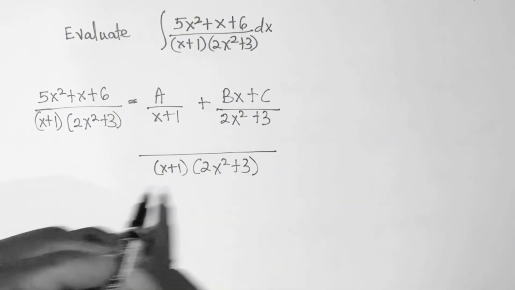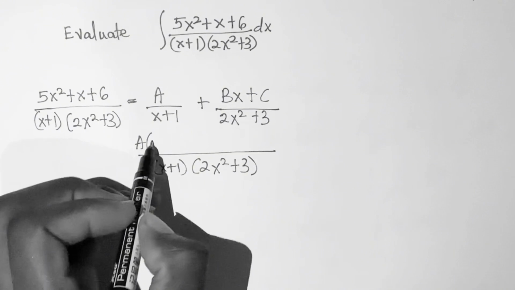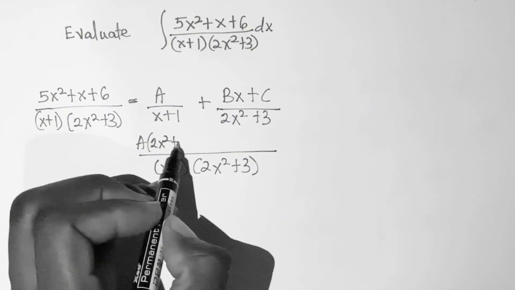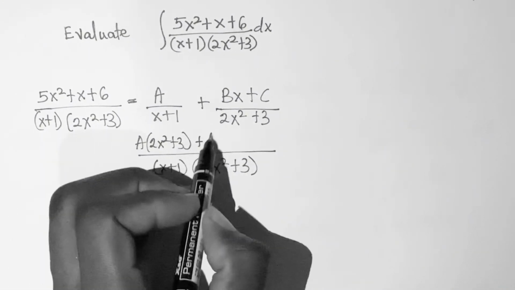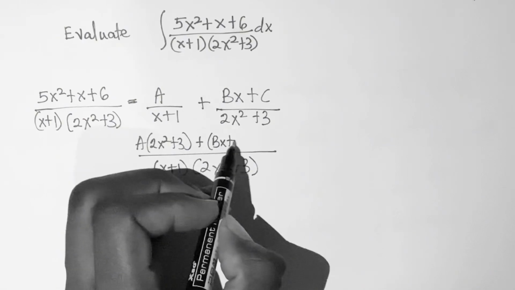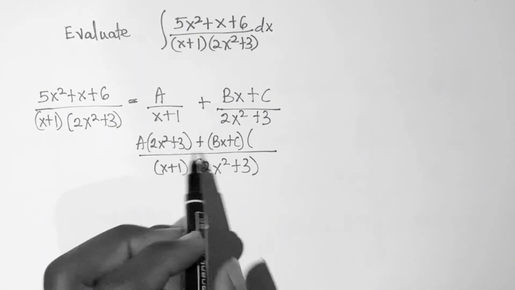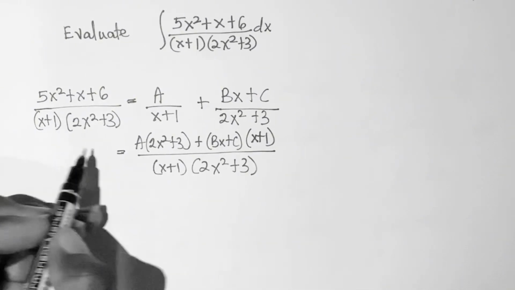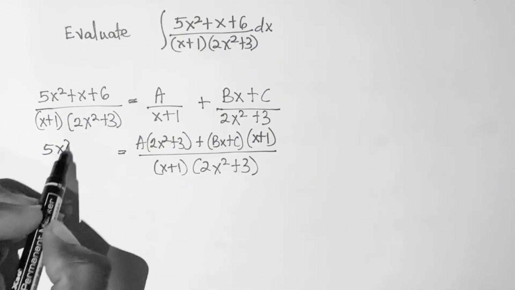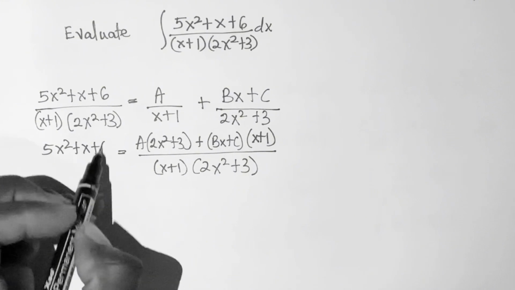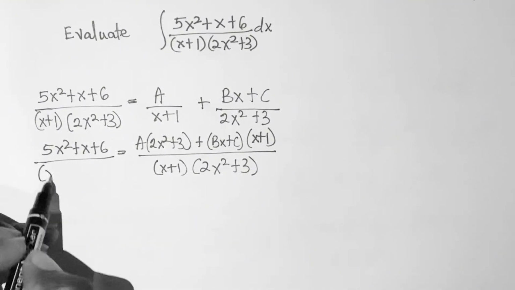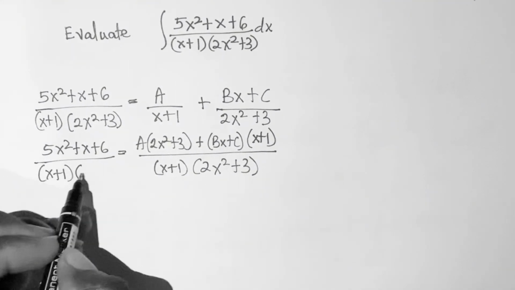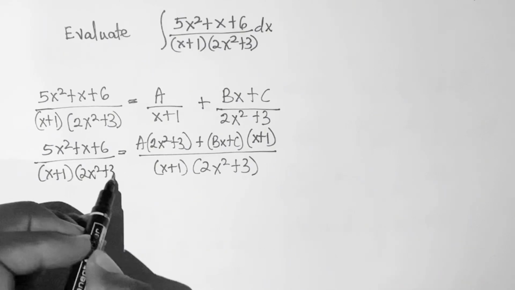So a is going to multiply 2x squared plus 3 and plus, now one bracket bx plus c, and that will multiply x plus 1. So this is equal to 5x squared plus x plus 6 divided by (x plus 1) times (2x squared plus 3).